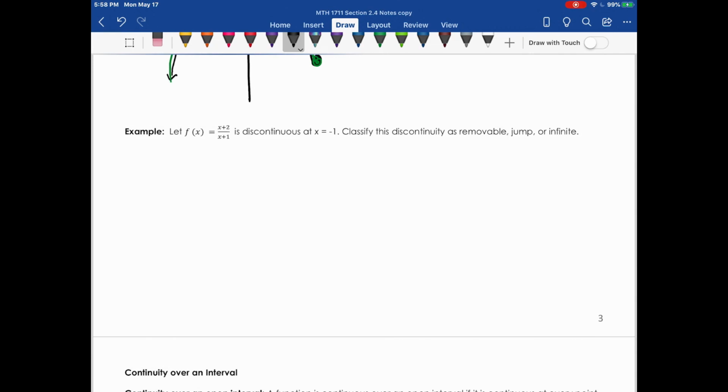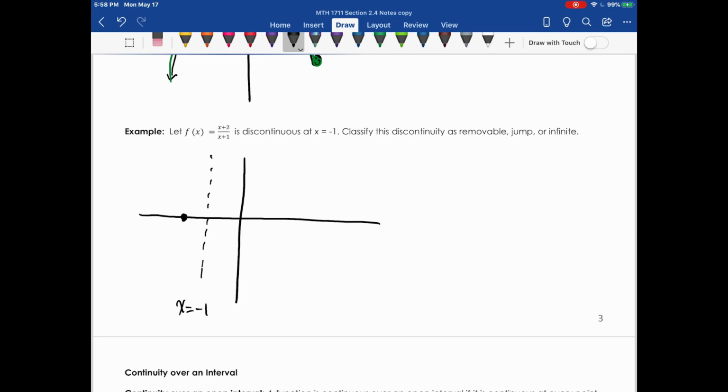Okay, last example, we have the rational function x plus 2 over x plus 1. If we draw a sketch of this, we're going to have a vertical asymptote at x equals -1. We have an x-intercept at x equals -2.